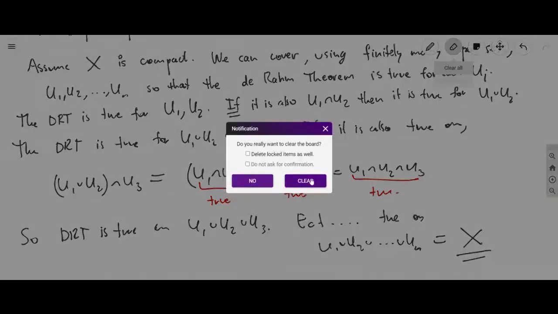So Bredon gives a non-geometric proof, which is complicated. And you can look at how he does it. But there is a geometric proof. So this is what we have.